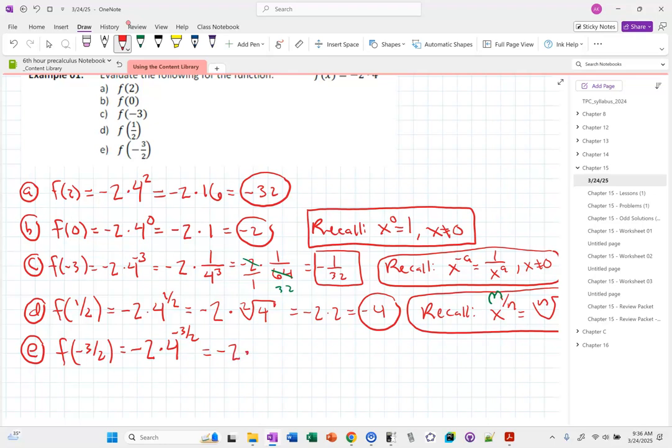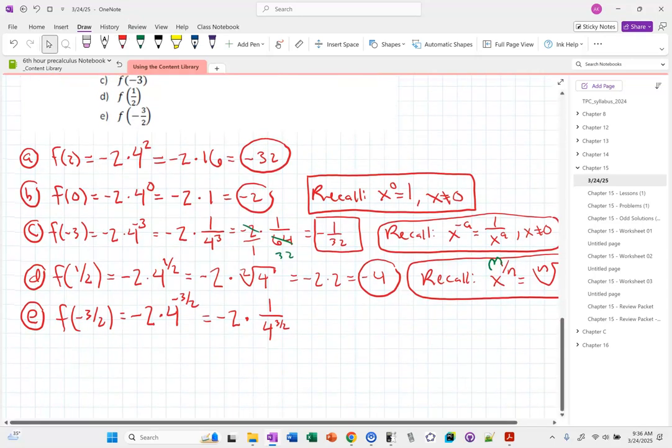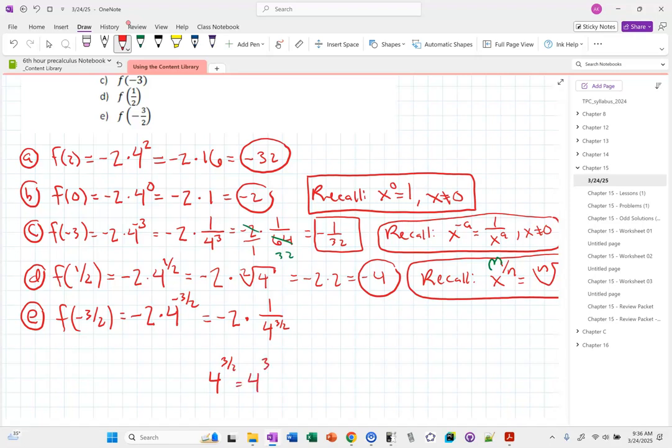So the first thing I would want to deal with is the negative exponent. And then 4 to the 3 over 2 is really, I'm going to think about that as like 4 to the 3 times 1/2. Everybody's okay with that? And that's multiplication, so it doesn't really matter the order that I do it in.